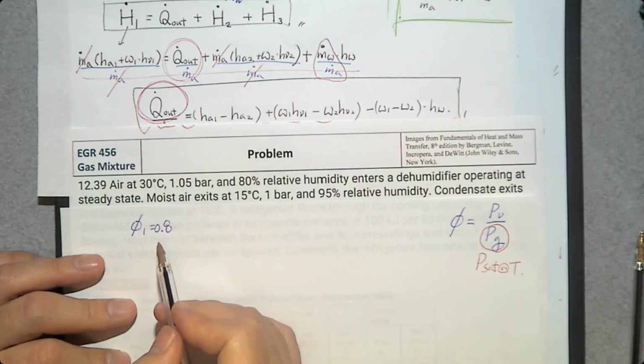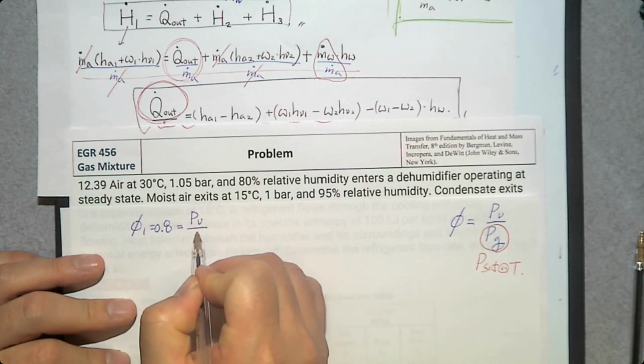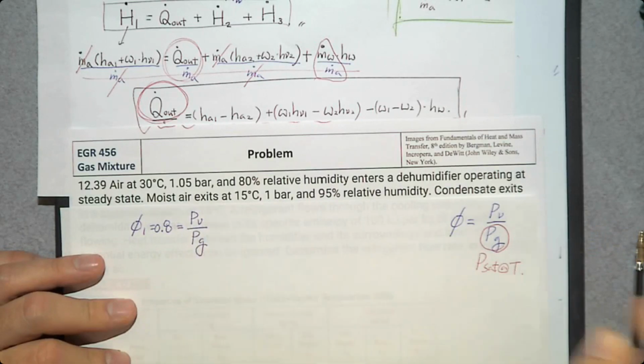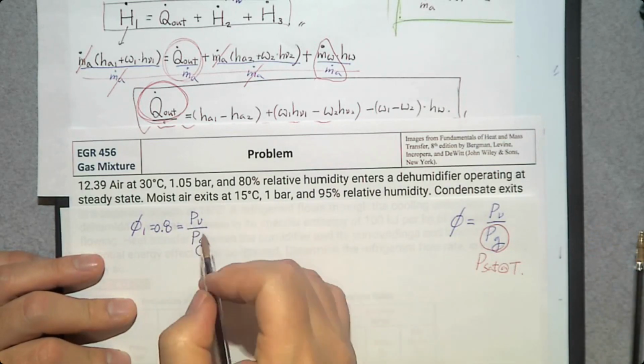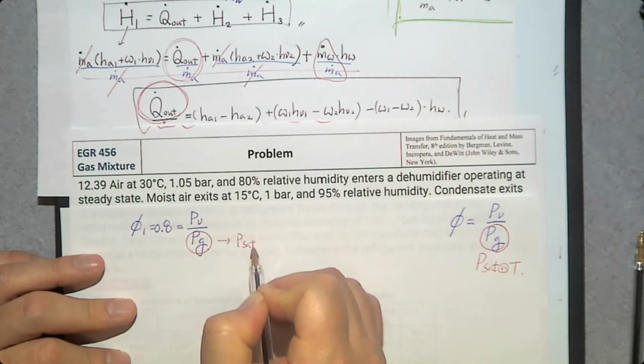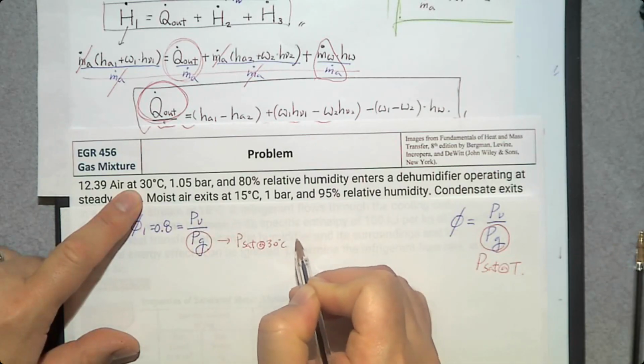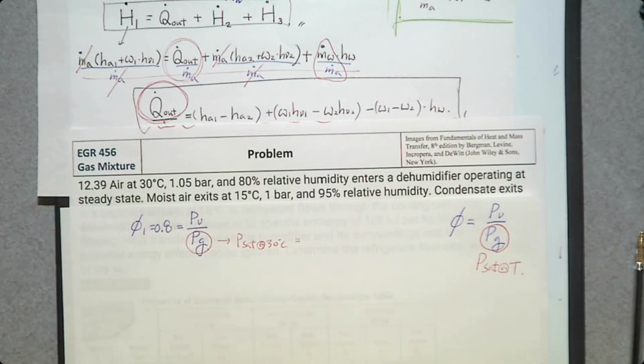So similarly, this 0.8 is going to be PV over PG. In this case, PG is P sat at the given temperature. What is the temperature? 30 degrees Celsius. So what is P sat at 30 degrees Celsius?